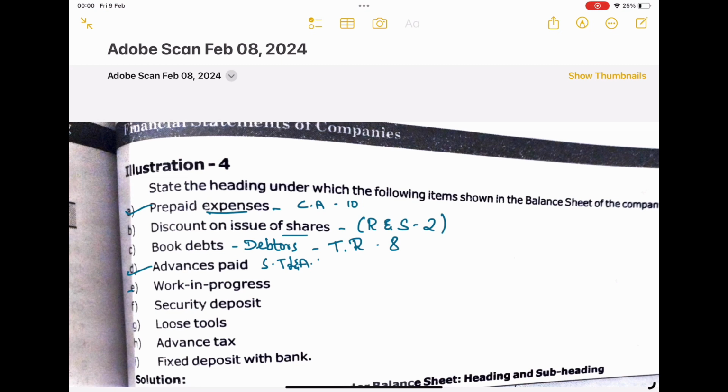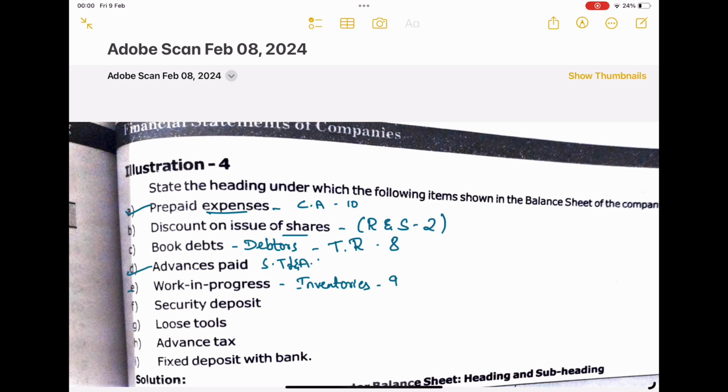Work in progress is related to inventories, right? So we are going to write this in inventories, note number 9. See, we can interchange some notes. For example, we start with share capital, then if there are no long term liabilities, you don't need to write note number 3, you can directly write the next one. There is no compulsion, but it is better we write in a particular manner only. Some interchanges will be there.